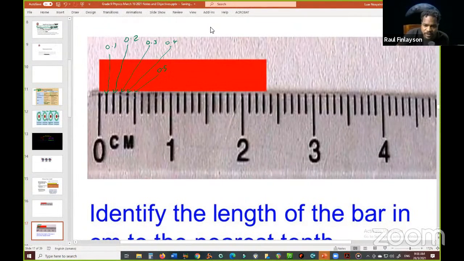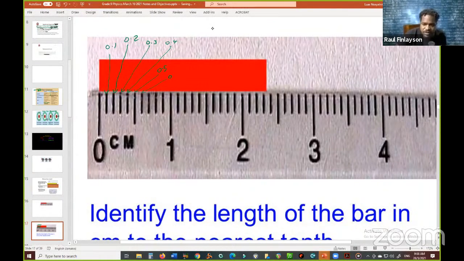While you're listening to that, I'm here showing you the divisions that this ruler has, the divisions between every number. The distance between each number on the ruler is divided into 10 spaces, and they're equal distances.